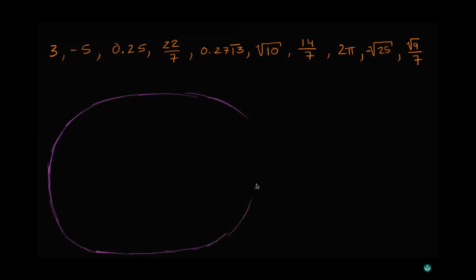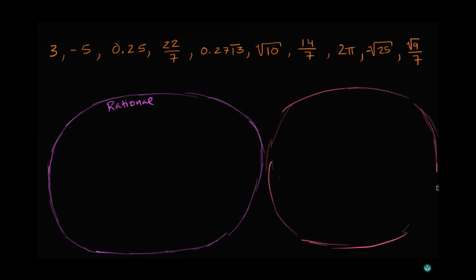The standard way of calling these numbers, which can be represented as a fraction of two integers, is rational numbers. And if something cannot be represented as a fraction of two integers, we call it irrational numbers. The size of these circles doesn't show how large these sets are. There's actually an infinite number of rational and an infinite number of irrational numbers.